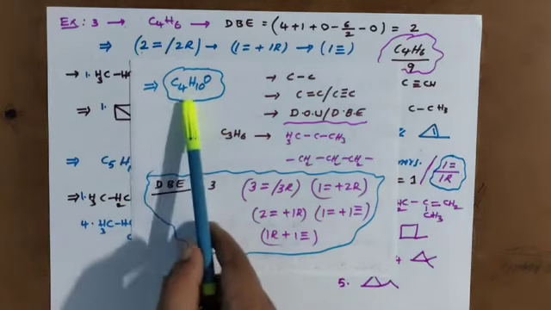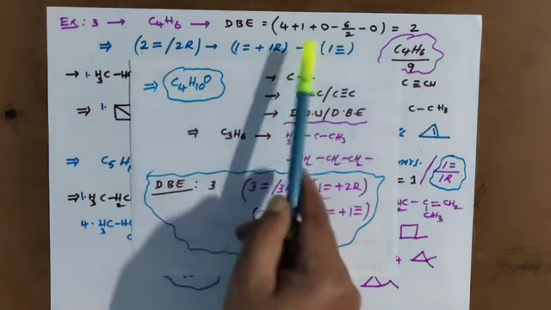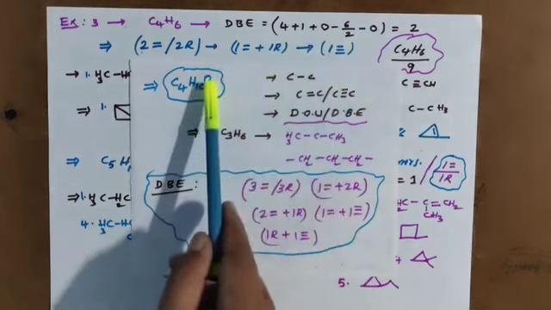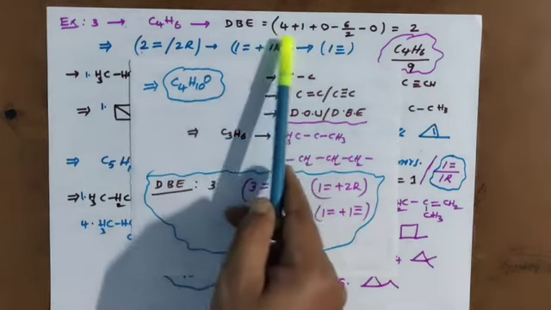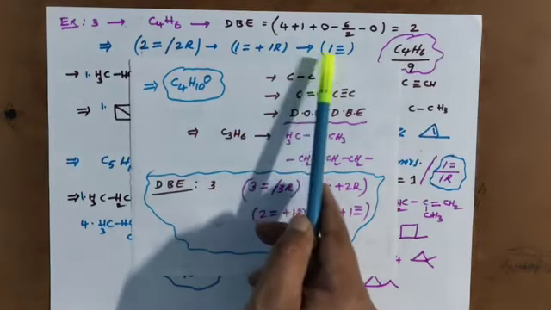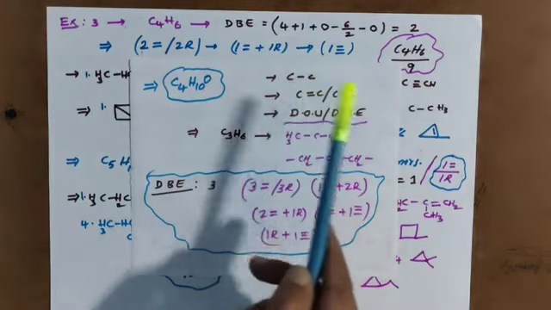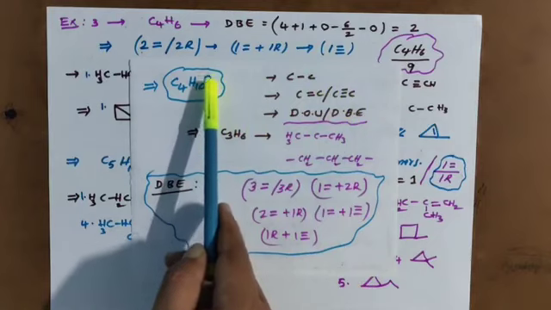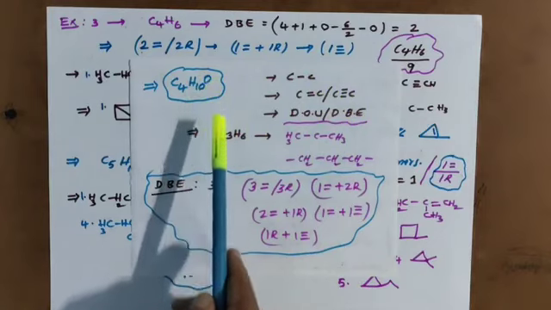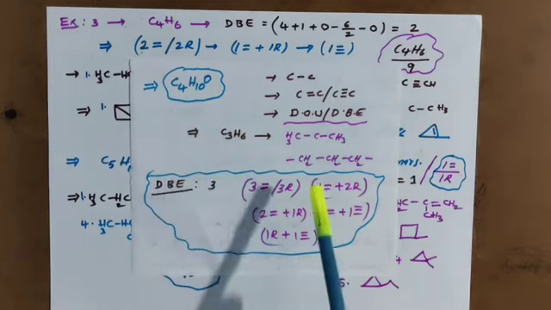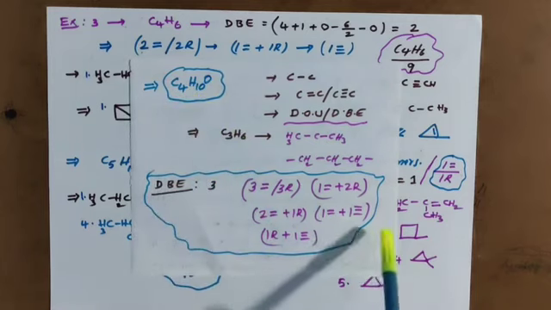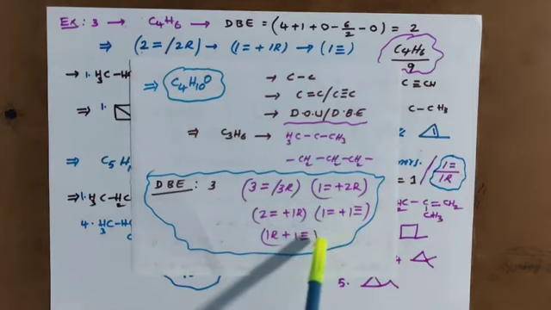Carbons are there, hydrogens are there, but in our DBE formula oxygen is not there. So you need not substitute this oxygen. In our formula only hydrogen, carbon, nitrogen, halogens are there. Oxygen is not there, so the number of oxygen atoms need not be substituted. So you calculate the DBE value. Maybe at most 1, 2, 3 only you are getting. More than that is not needed.